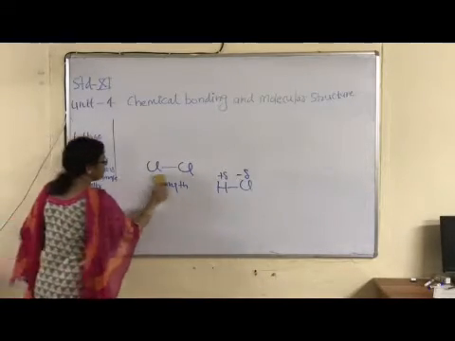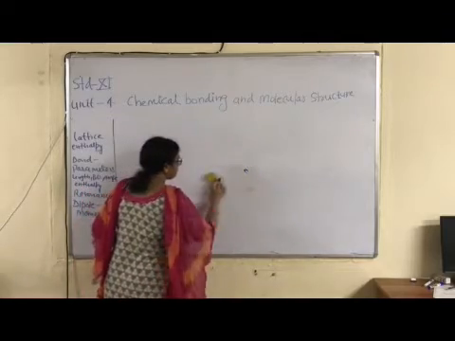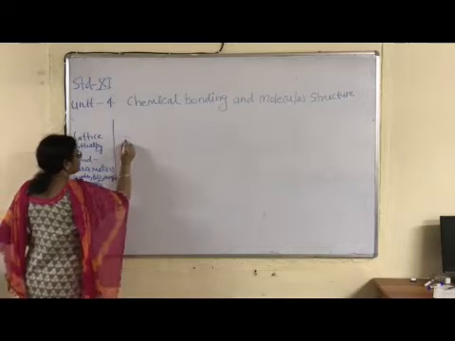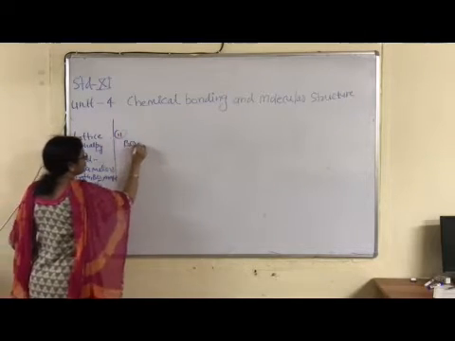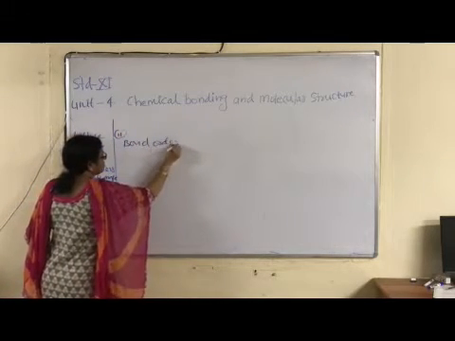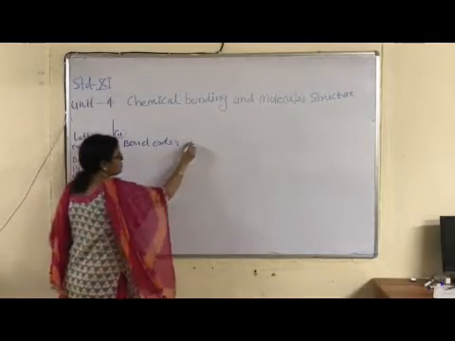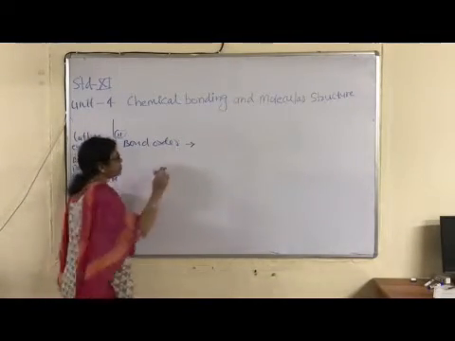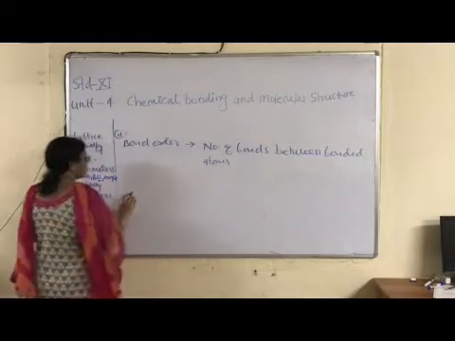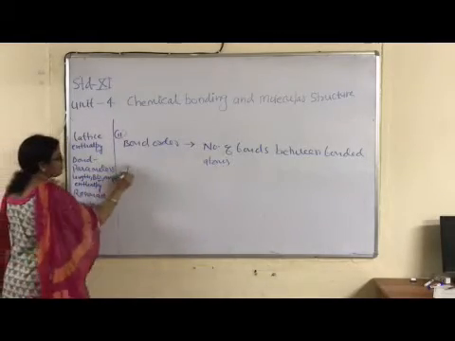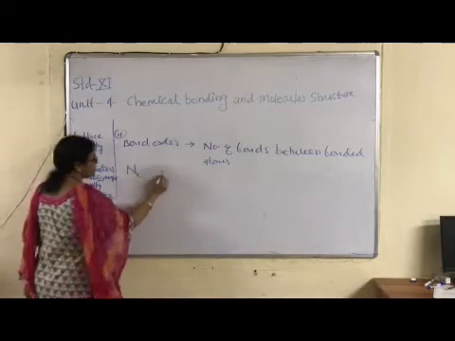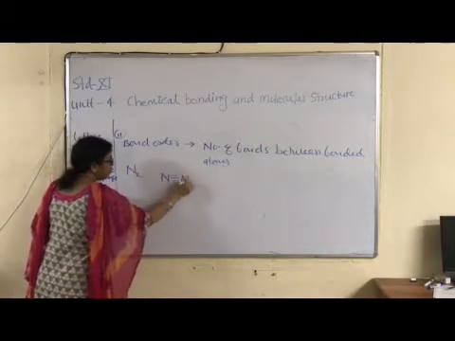Second term is bond order. Bond order means number of chemical bonds between bonded atoms. Okay, for example, nitrogen molecule. This is the molecular formula. Its bonding structure has a triple bond, N≡N.